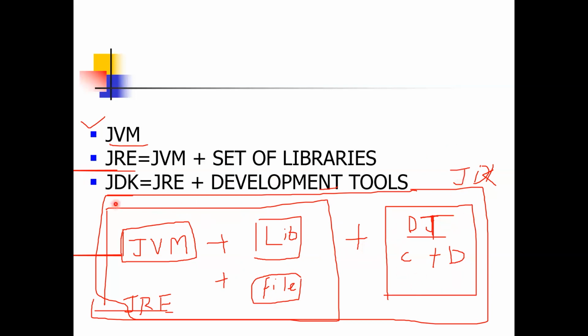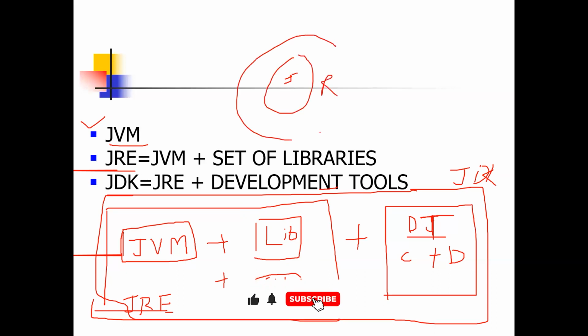So JDK is everything combined. JDK is a superset of JRE. JDK is the big one, then JRE, then JVM. Means first is JVM, after JVM, JRE, and after JRE, there is JDK, like that.